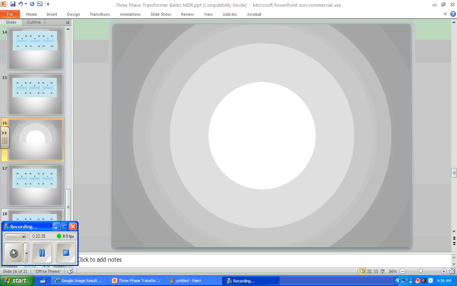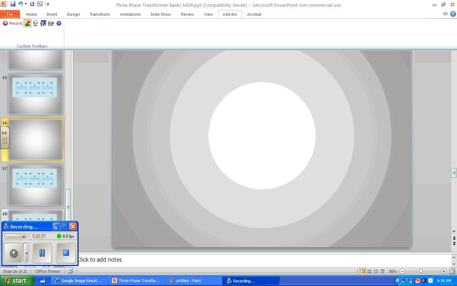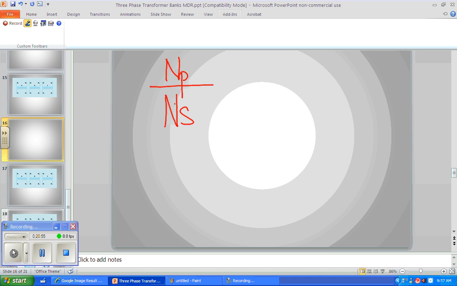All right, so the rule we're always following here, just as a reminder, is the number of windings in the primary, or the number in the secondary, is equal to voltage in the primary.